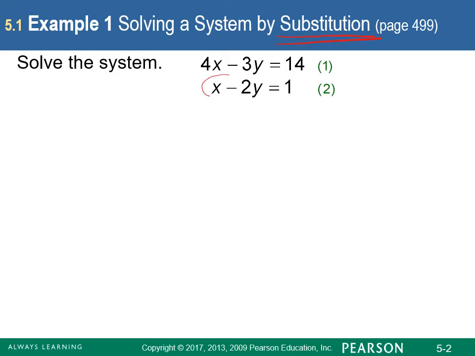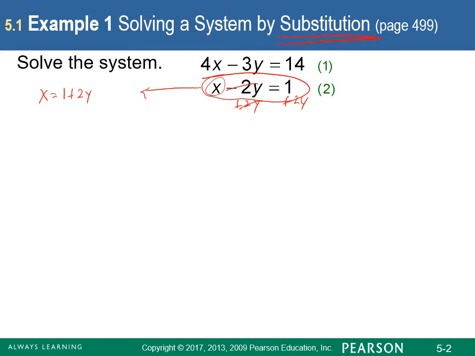I'm thinking that this second equation here is going to be real easy to solve for x. If I add 2y to both sides, the 2y will disappear, and we'll have x equals 1 plus 2y, or 2y plus 1. You can write it either way.